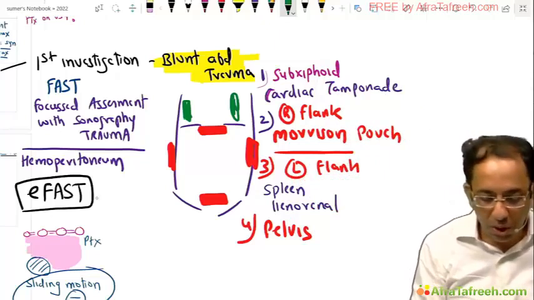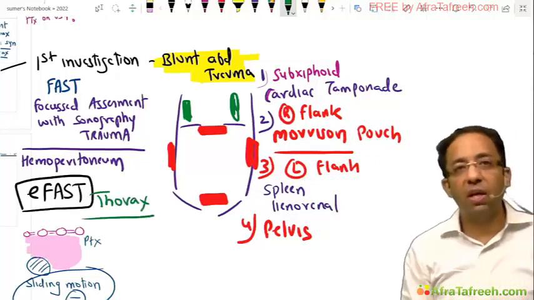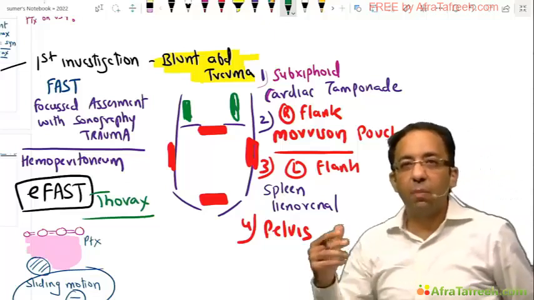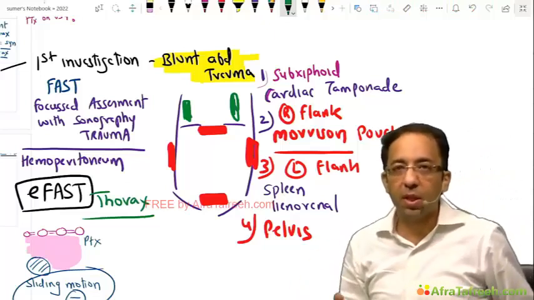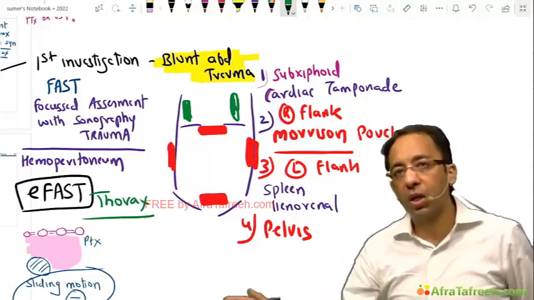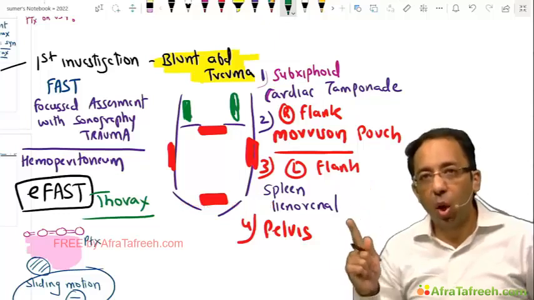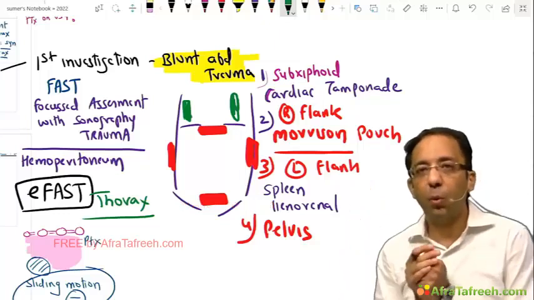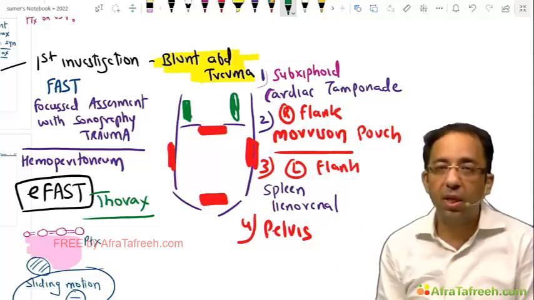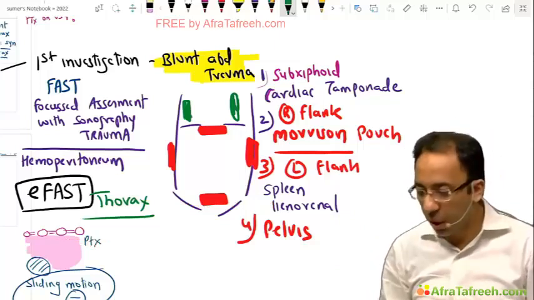So we want to also see the thorax. And that is why it becomes important in trauma patients that we should be able to identify pneumothorax on ultrasound. Are you clear? In pneumothorax, the normal sliding of the lung pleura interface will not be seen, and you will see a barcode or stratosphere appearance on M mode.